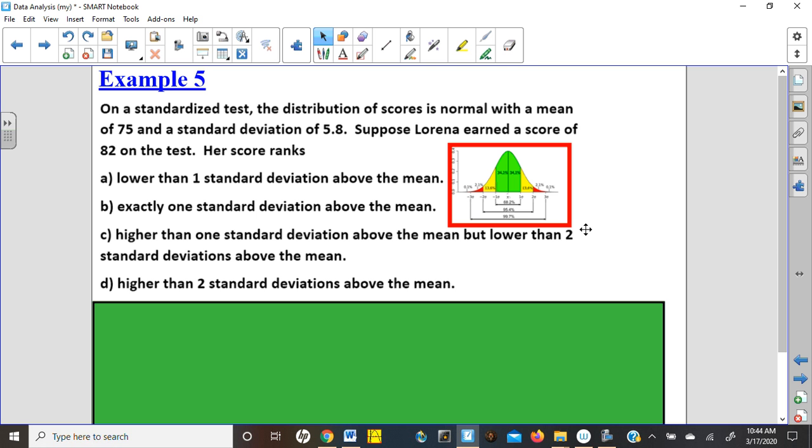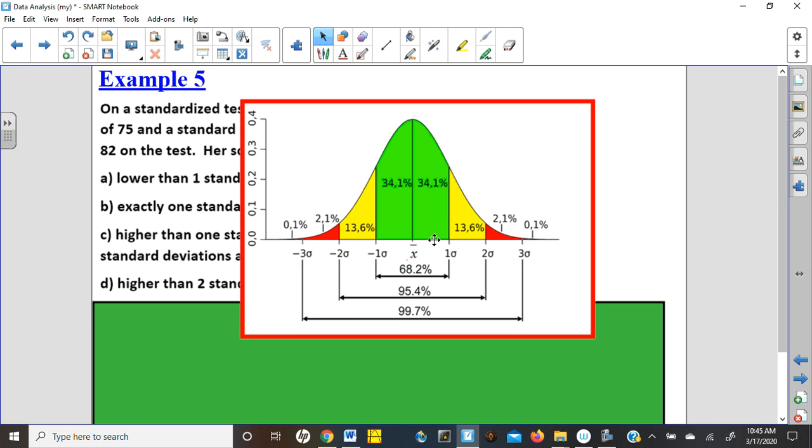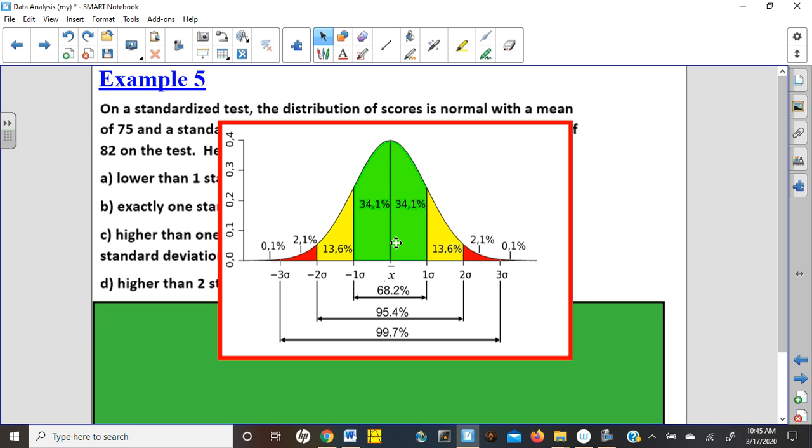Well, remember, the mean is 75 and the standard deviation is 5.8. So this really just becomes an addition problem. Let's write these specific values in here.